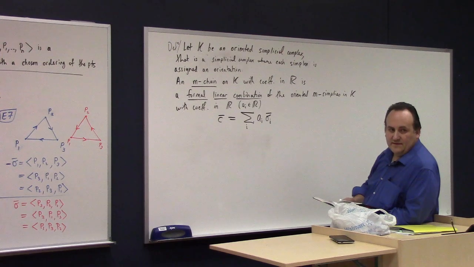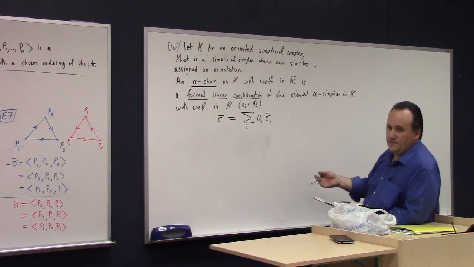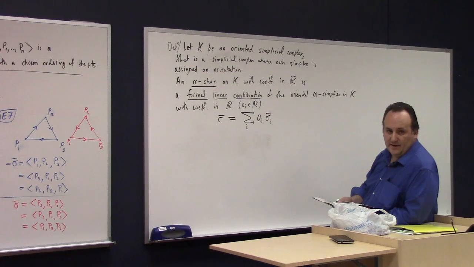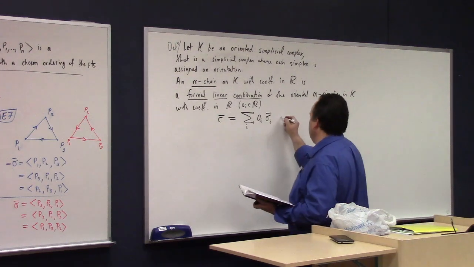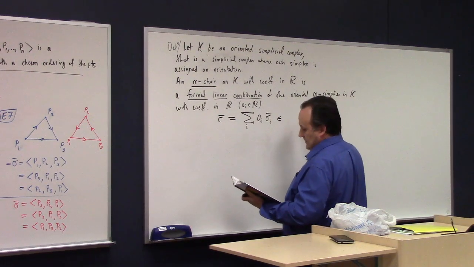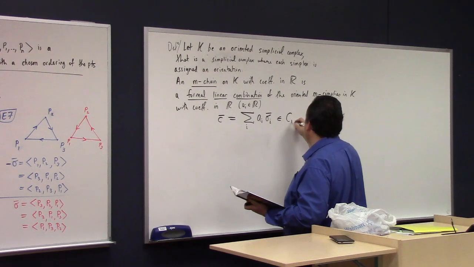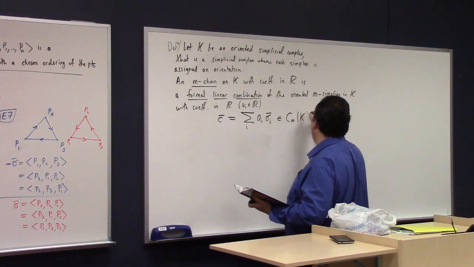If we take sigma plus minus sigma, that would be an example of the formal linear combinations we're talking about. It would be 0, right? The vector space, this is an element of C_M(K).